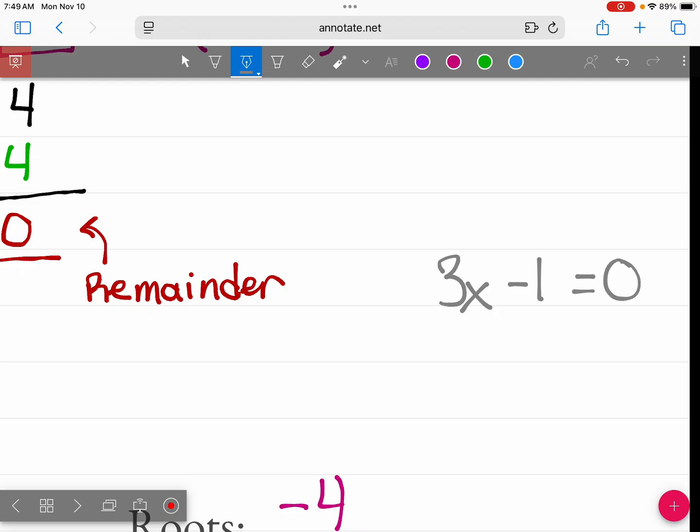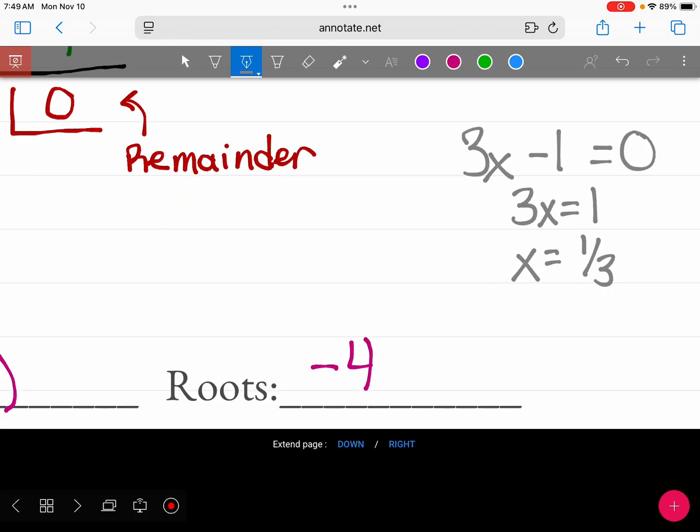Well, that's going to give us a 3x equals 1, which means what's our other root? 1/3. So we have factors at 3x minus 1 and x plus 4, and we have roots at -4 and positive 1/3. We aren't always going to have to write all of the pieces out. We're just trying to kind of make everything tie back together.